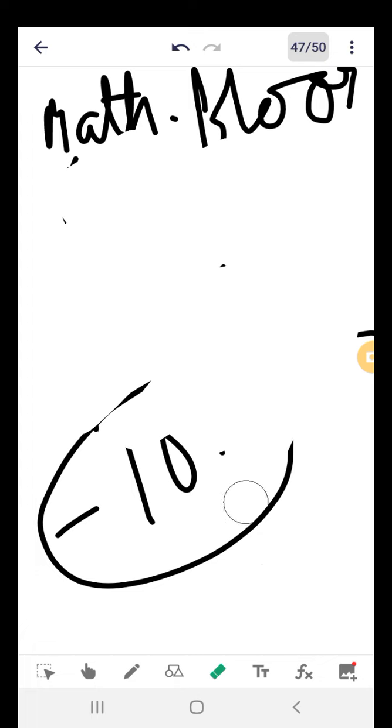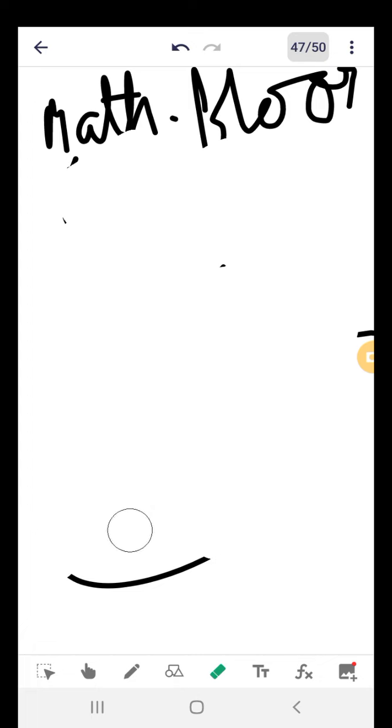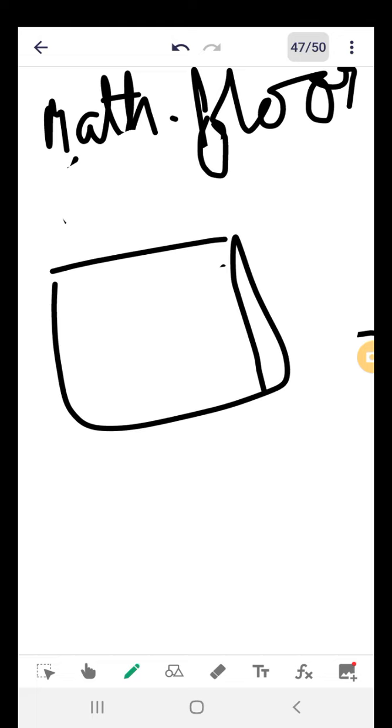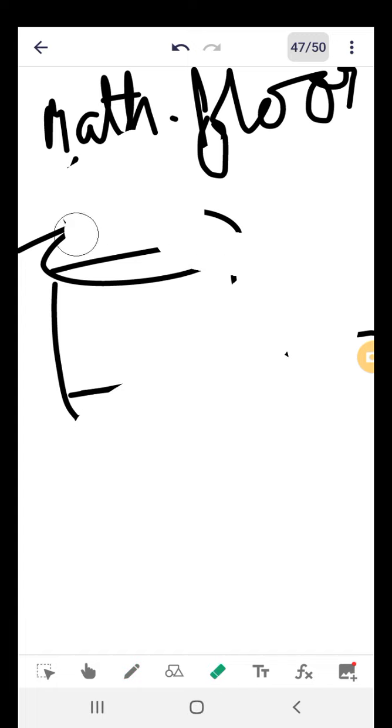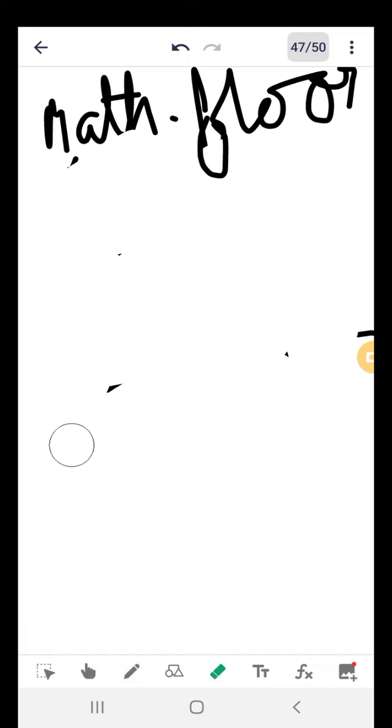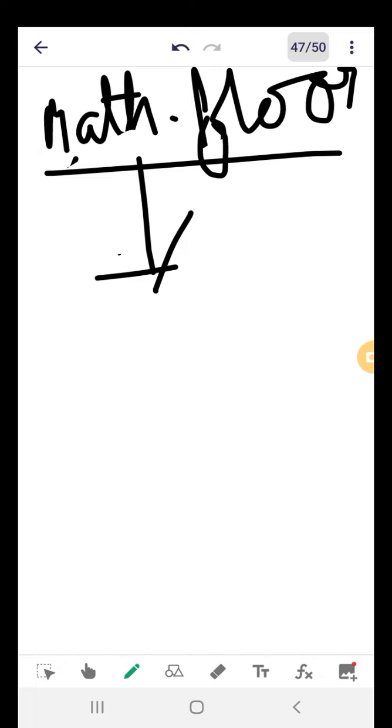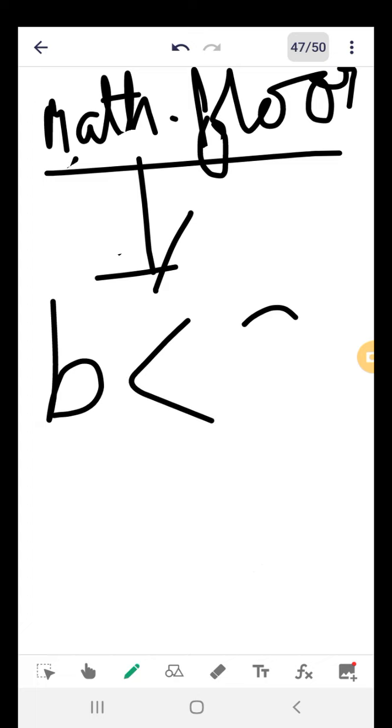Let's start with mat.floor. What is mat.floor? Floor means, I think you know, if this is a room, then floor means the down part and ceiling means the upper part. Keep this in mind. Floor means the lower part. So whichever number is returned by mat.floor, for example the number returned is B, B will always be less than the argument.